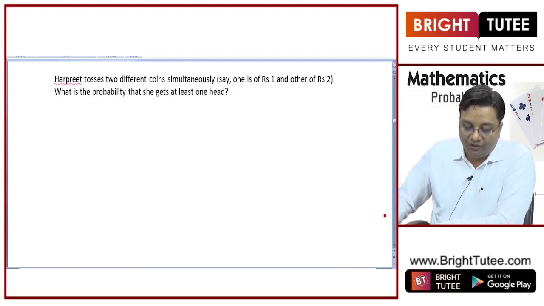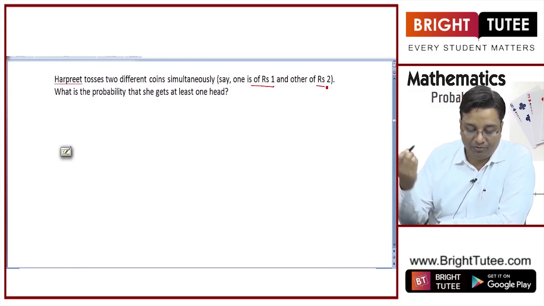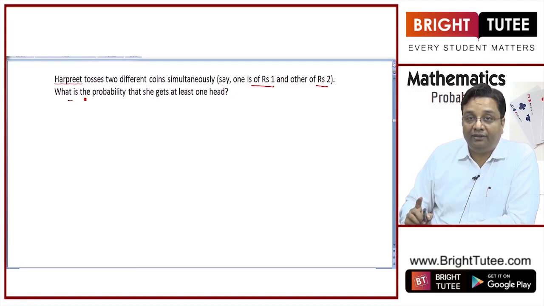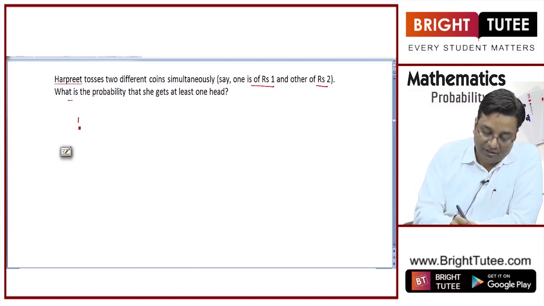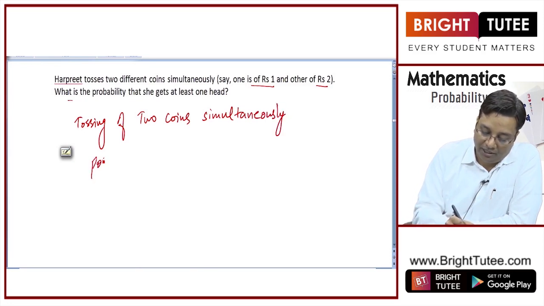Harpreet tosses two different coins simultaneously. Say one is of rupee 1, one is of rupees 2. What is the probability that she gets at least one head? You remember tossing of two coins simultaneously. Possible outcomes.